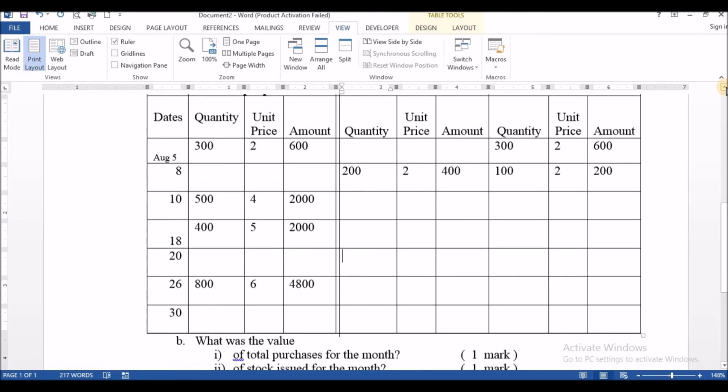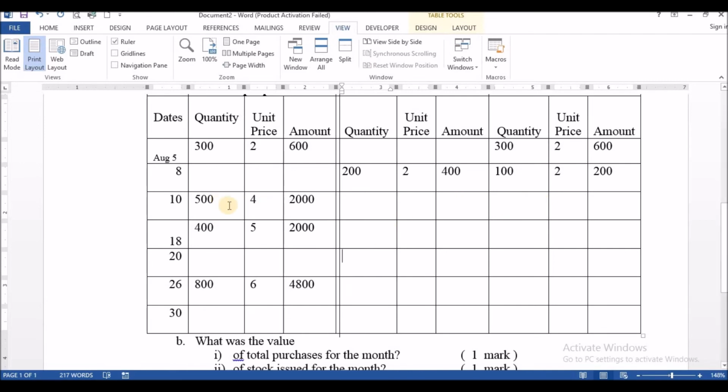Okay, so right here would remain the same because there's nothing for us to average. The AVCO method, you're basically going to take the last unit price, add the new unit price to it, and divide it by 2. You will not have to separate what is it that you got first, what is it that you got last, because everything would now be mixed.